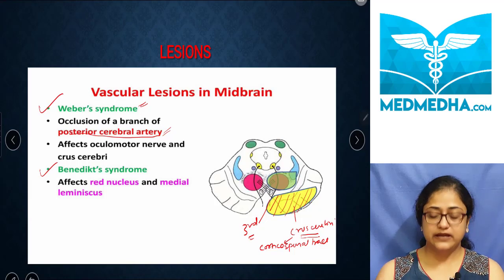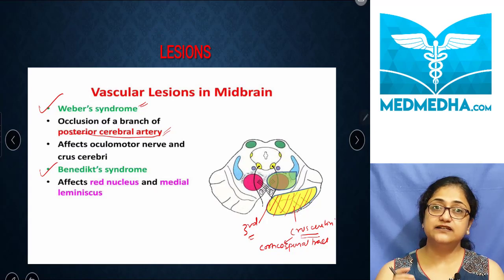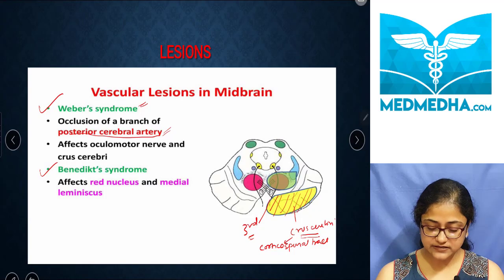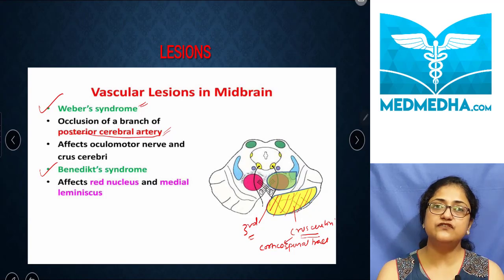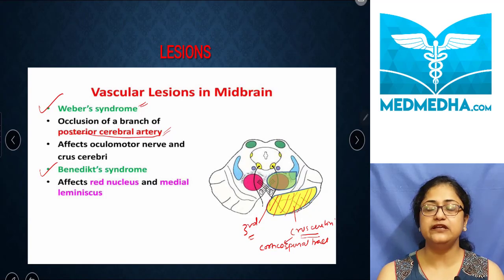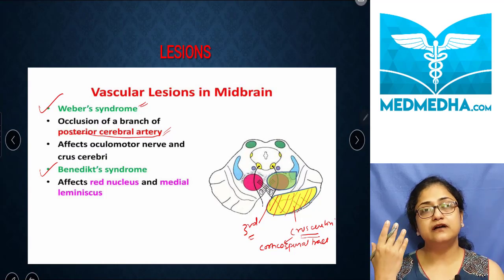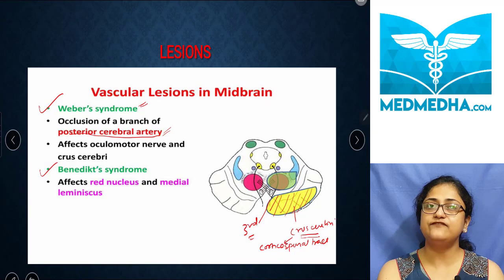So, if there is Weber syndrome, there is the same sided third nerve palsy and whatever signs and symptoms we have because of that, and we have the loss of movement of the opposite half of the body, which is known as hemiplegia. Plegia means paralysis, hemi means half, so half of the body cannot move. And which half? If it is a lesion on the right side, there is loss of movement of the left sided half of the body. So, that is called contralateral hemiplegia.